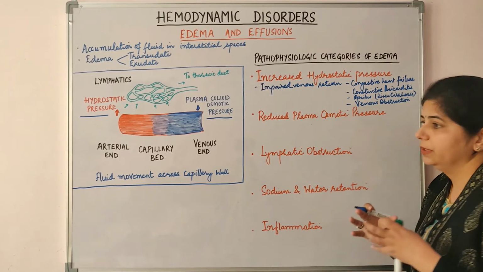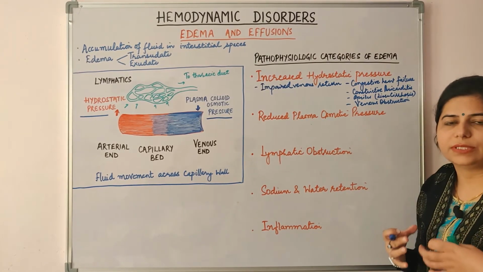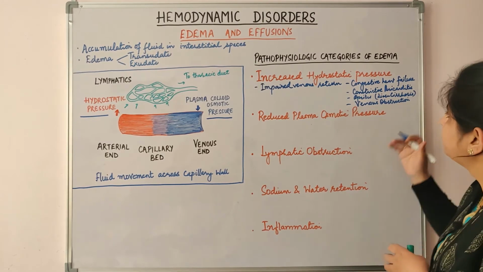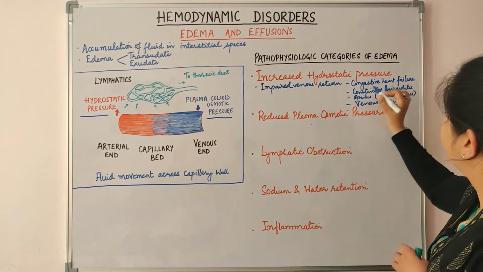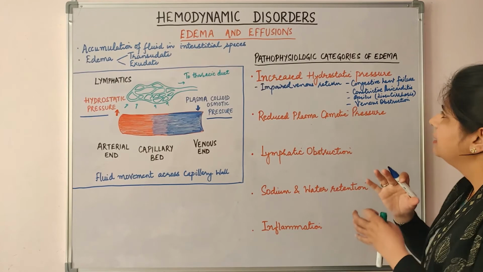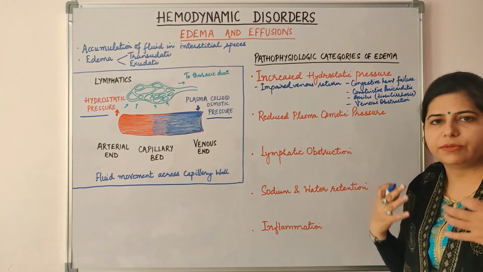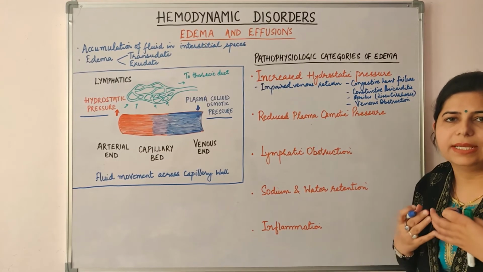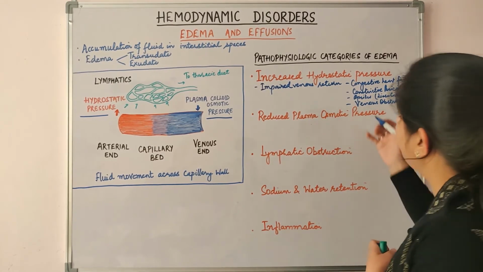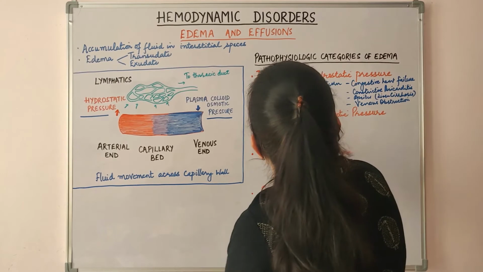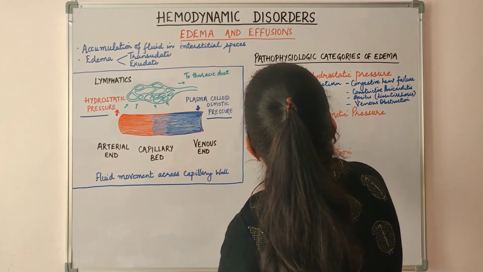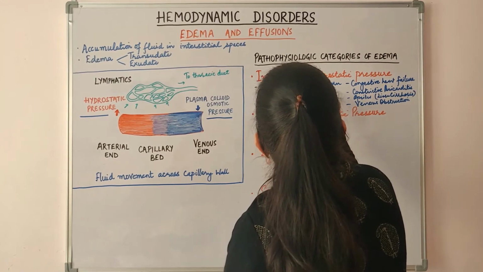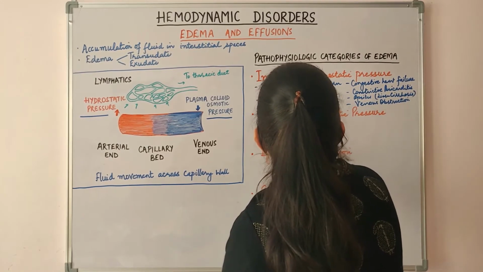For example, if there is deep vein thrombosis, then it will be localized edema in the leg. And in case of congestive heart failure and constrictive pericarditis, it will lead to a generalized edema or anasarca. Generalized edema is also called anasarca. Another cause is arteriolar dilation due to heat or neurohumoral dysregulation.